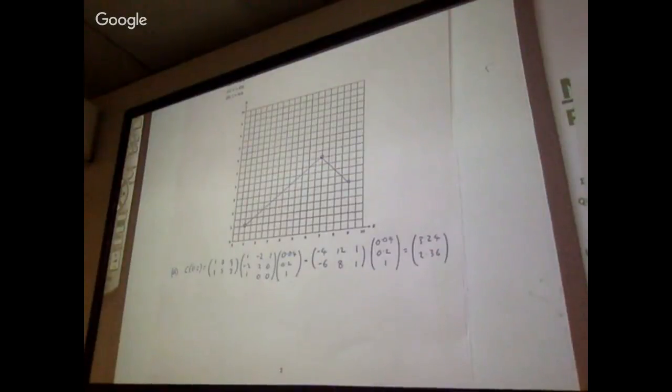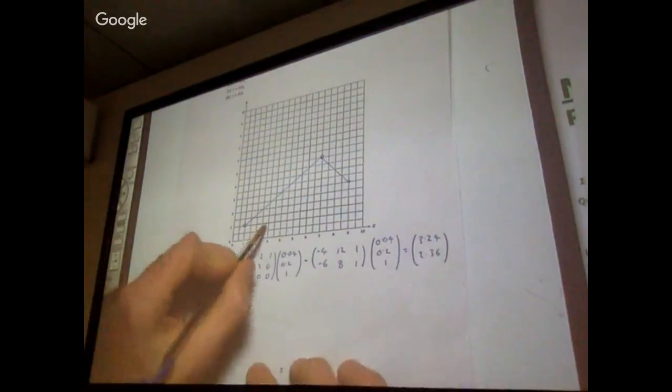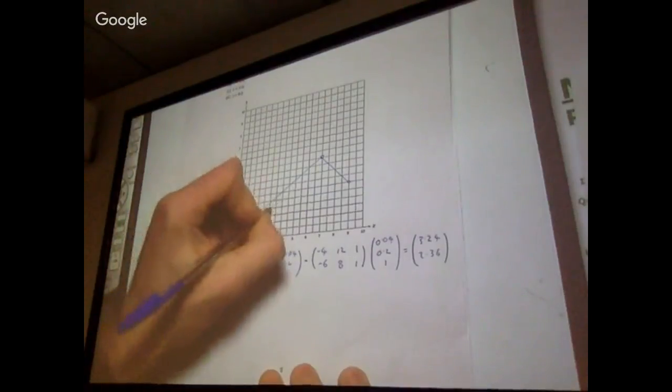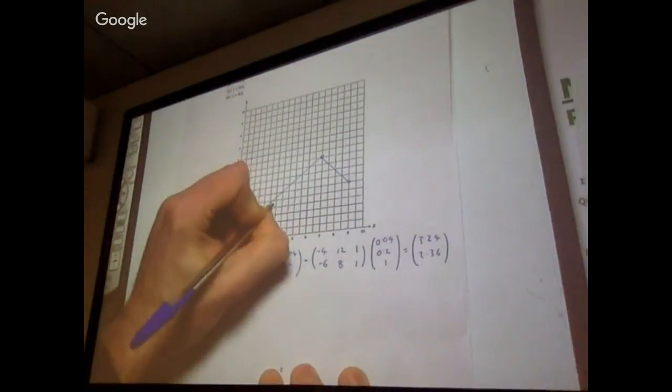So that's a point on my Bezier curve corresponding to t equal to 0.2. If I graph that, 3.24 and 2.36 is around about there. Don't have to be too accurate.